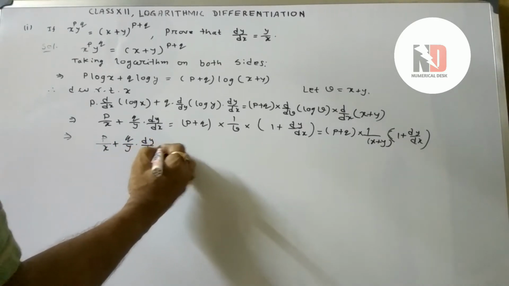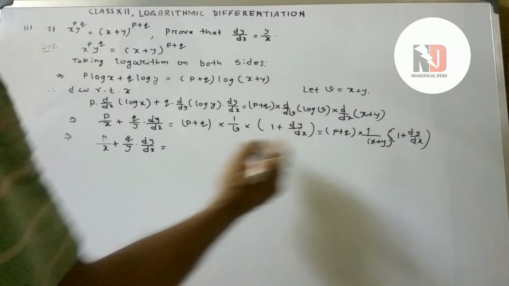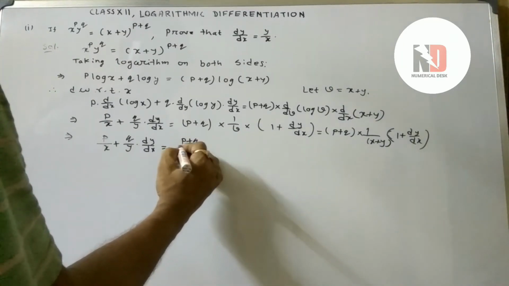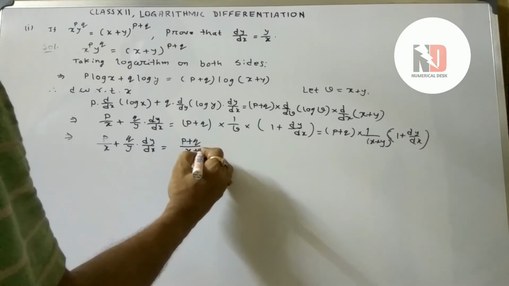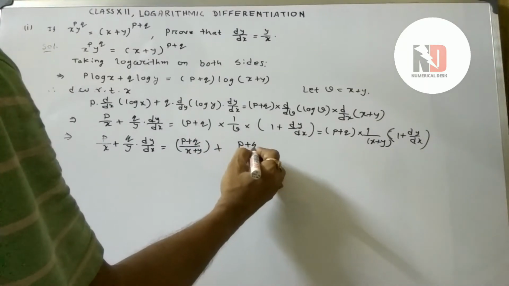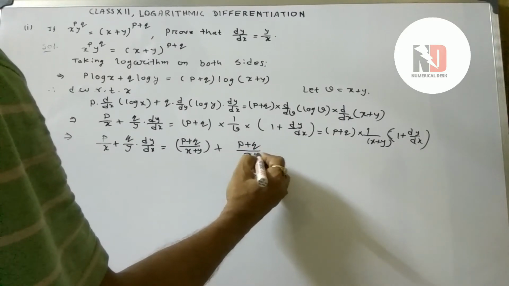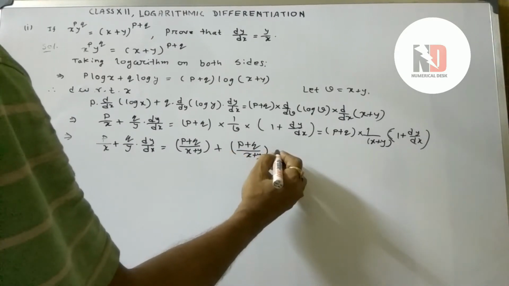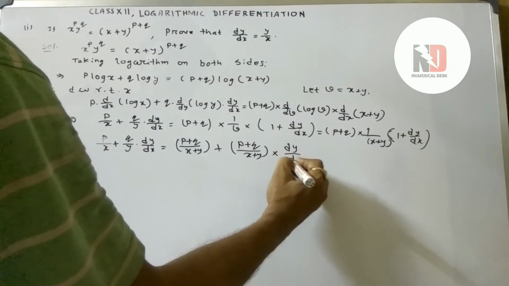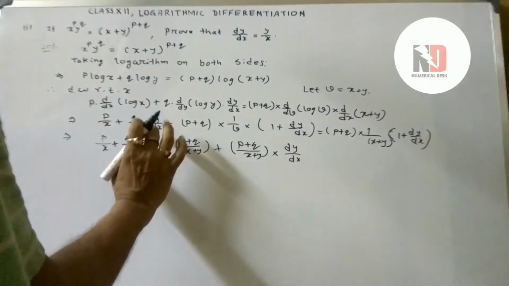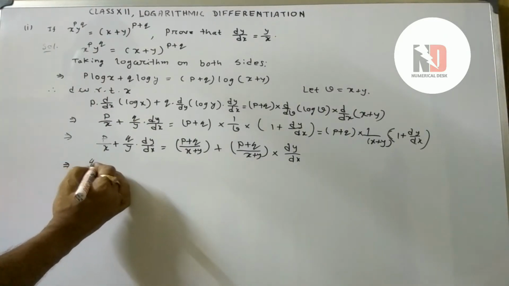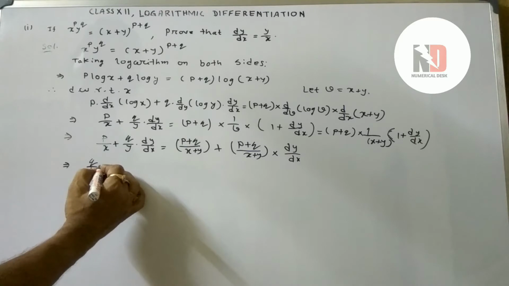And now on the right hand side, multiply the entire p plus q by x plus y: p plus q by x plus y into 1, plus again p plus q by x plus y into dy by dx. So these are the steps actually. Very careful, nothing difficult, but be careful.